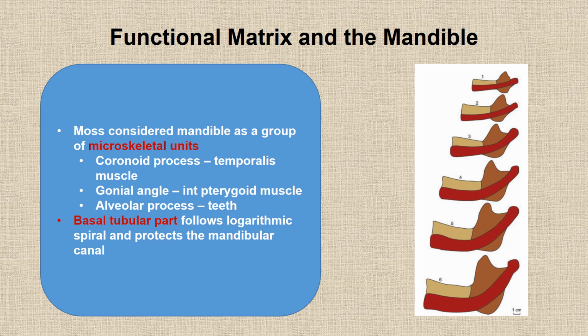The basal tubular part follows a logarithmic spiral and protects the mandibular canal. At birth, the basal tubular part is relatively straighter and it gradually assumes a logarithmic spiral.